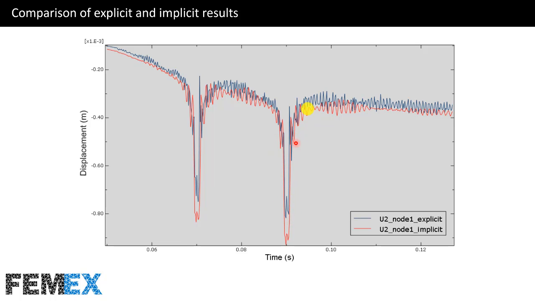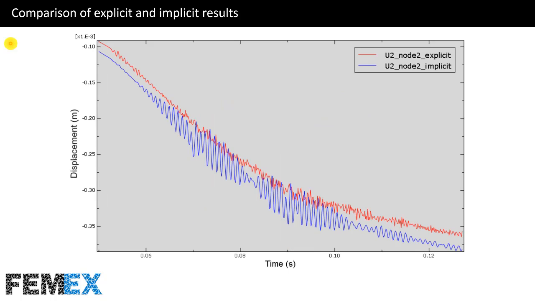And both the curves include numerical noise. Also in this figure, we have the similar comparison for node 2. The red curve belongs to the explicit simulation and the blue curve belongs to the implicit simulation. Also, in this case, they are similar and both the curves include numerical noise.